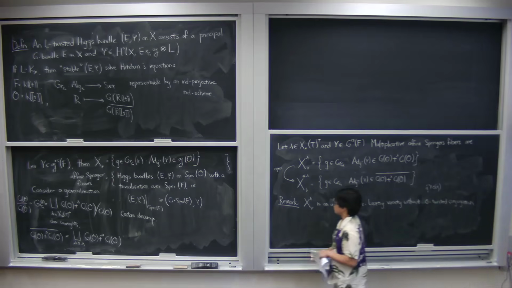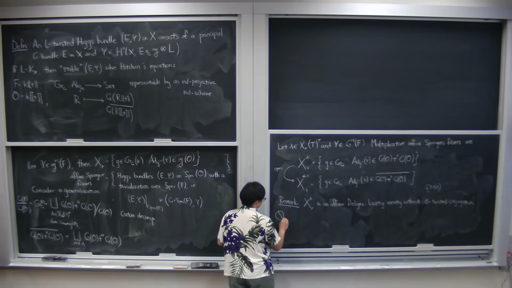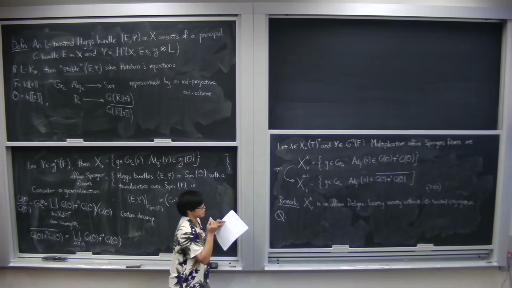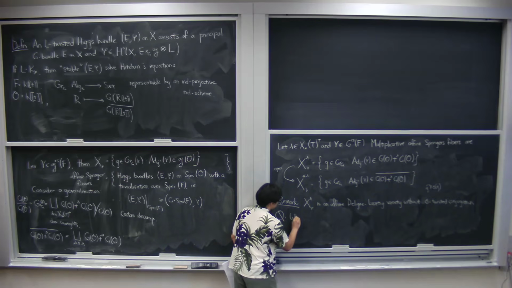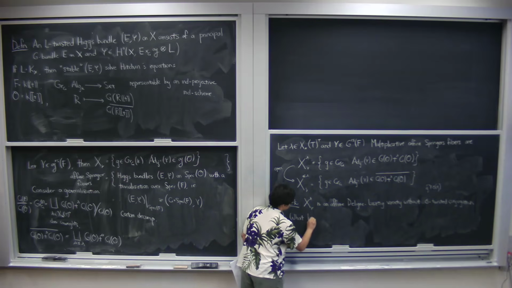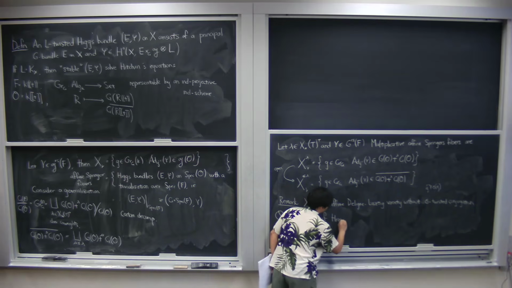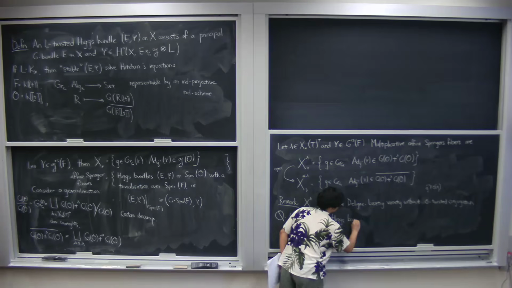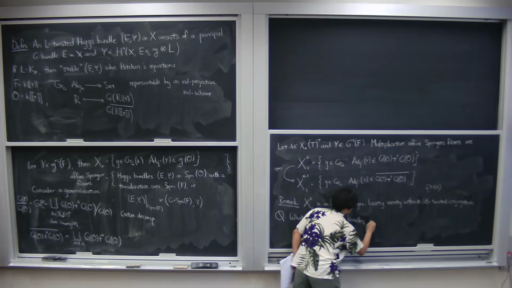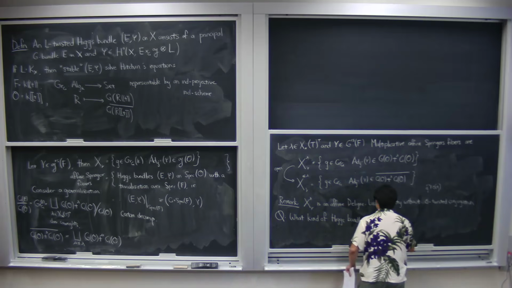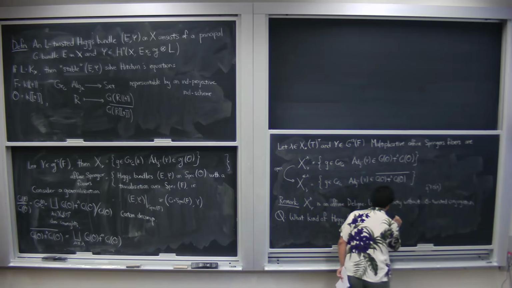Okay. So now the question is, thank you for your question. So now the question is, okay, what kind of Higgs bundles do these fibers parameterize? And the emphatic answer is multiplicative ones.